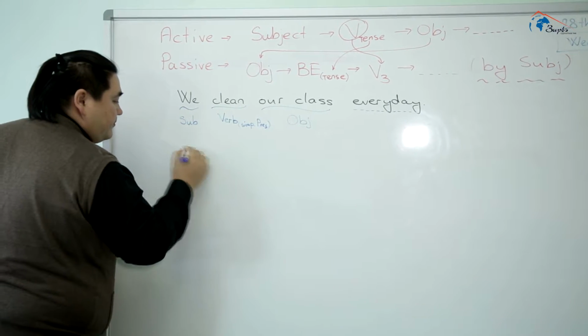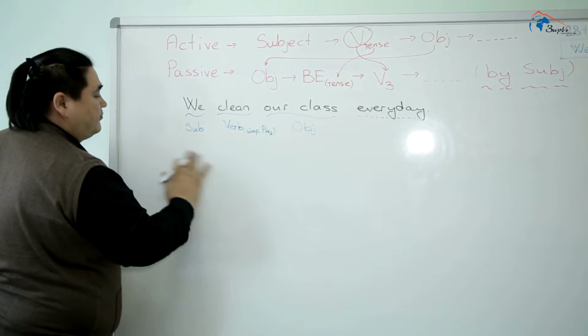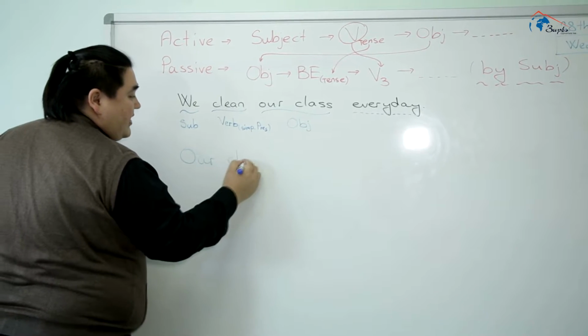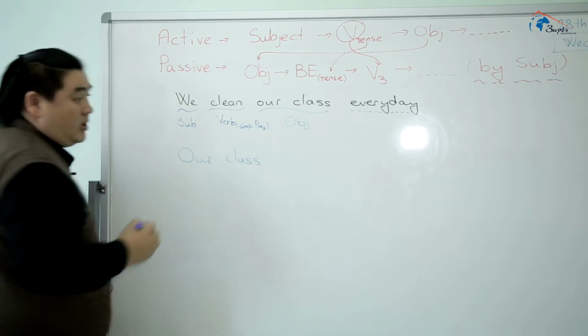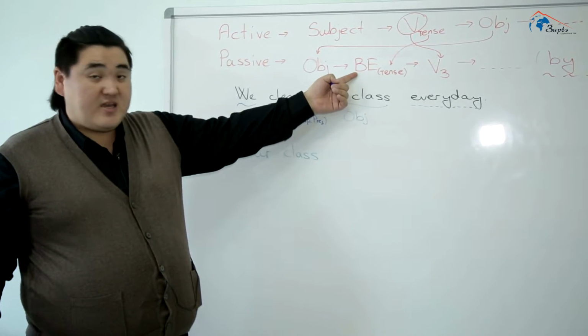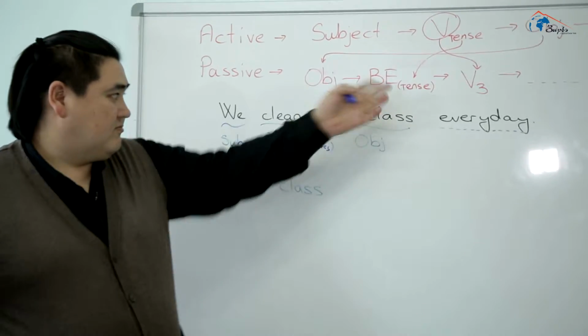So, our class, the object, comes to the front. And then we have passive be with the tense.